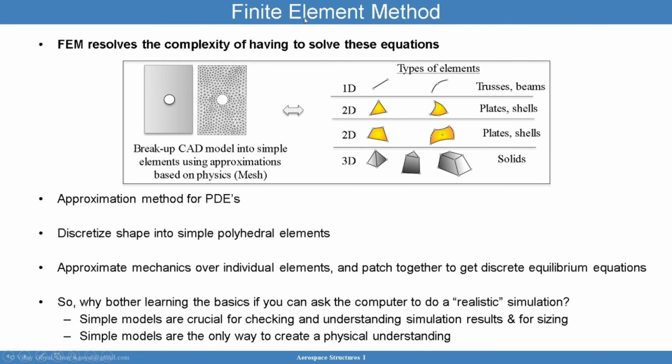That's why it's called finite element: we have discretized the domain into a finite number of subdomains. So what I've really done is broken up this continuous structure into discrete subdomains, these triangular pieces.